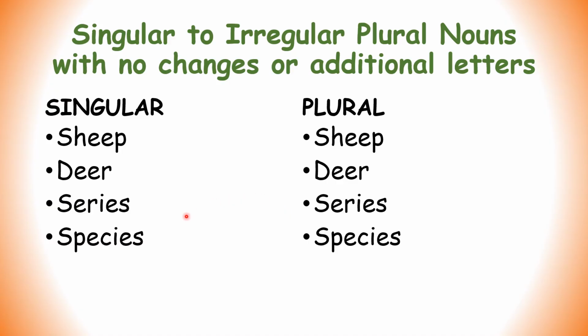And the last example given here is the word species. The one species, you want to change it to plural, it would still be the word species. Do not change the spelling and please do not add any letters at the end of the word.